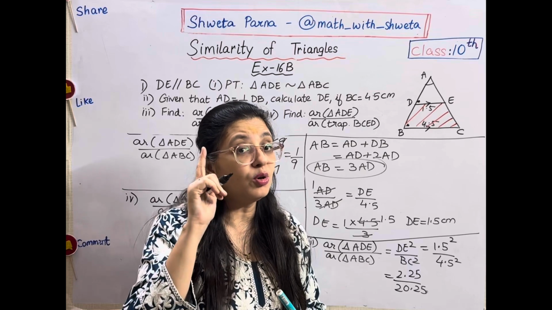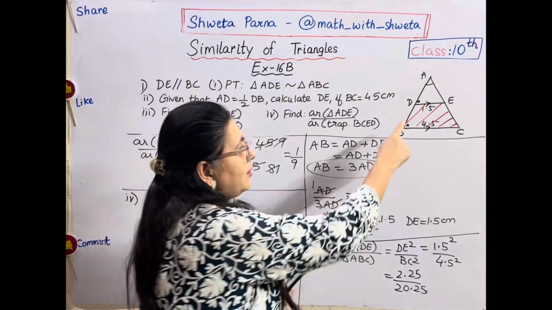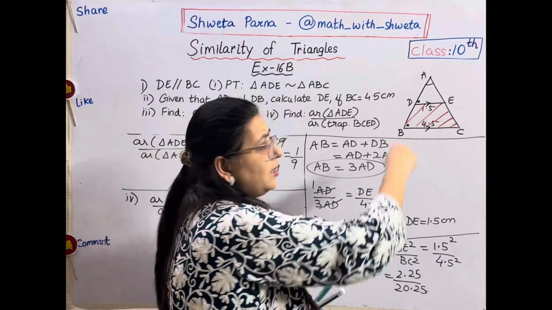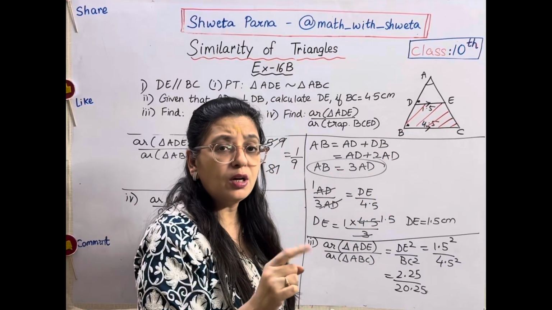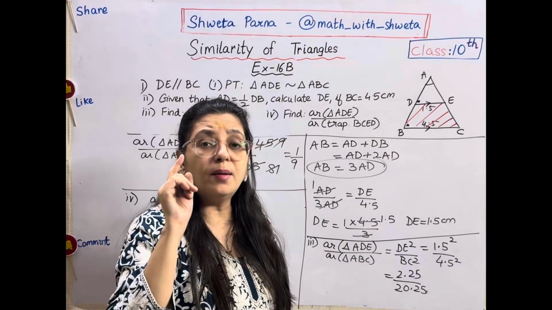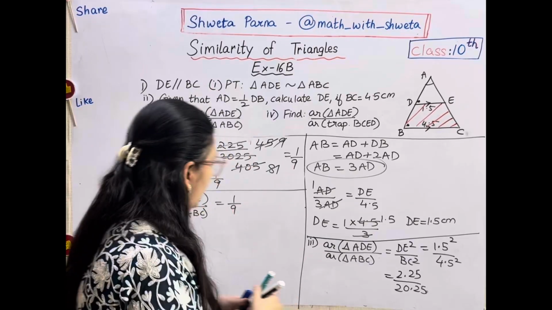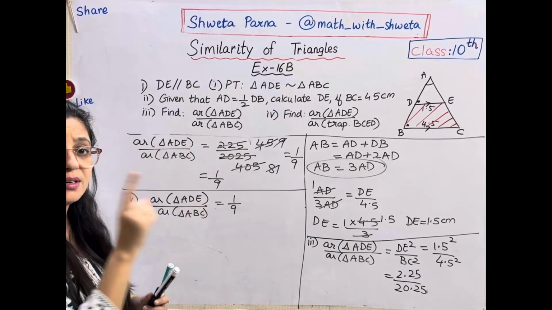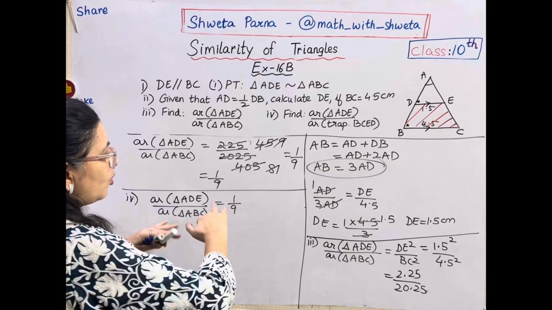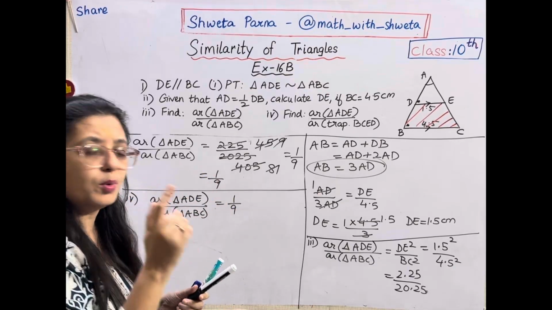But the rule is, how will you get this? When a bigger triangle subtracts a smaller triangle. So always remember, the bigger triangle should be in the numerator's place. Now over here the smaller triangle is in the numerator's place. So let's take the reciprocal on both the sides.